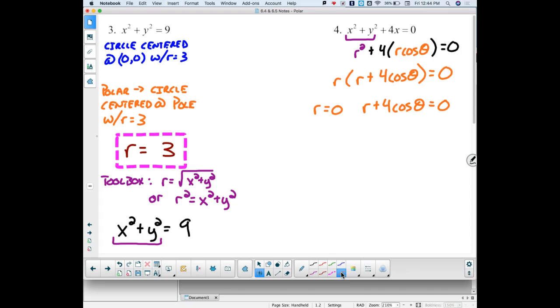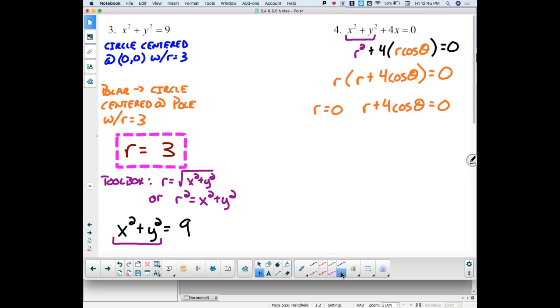r equals 0. What is r equals 0? In polar, what's r equals 0? R equals 3 was a circle centered at the pole with a radius of 3. So what's r equals 0? It's a circle centered where?